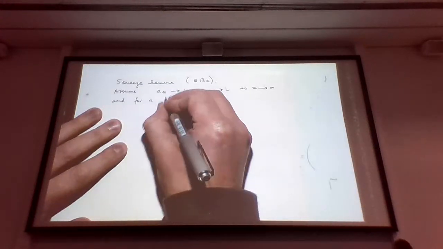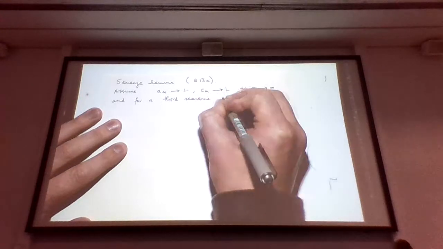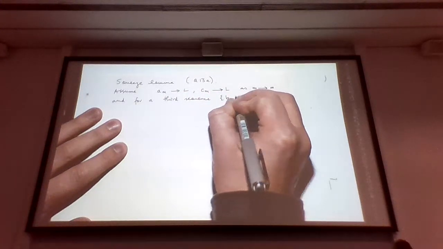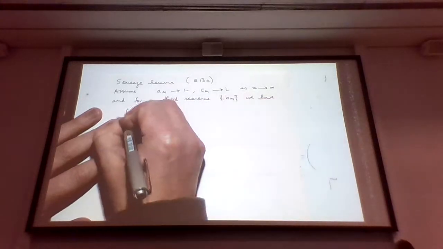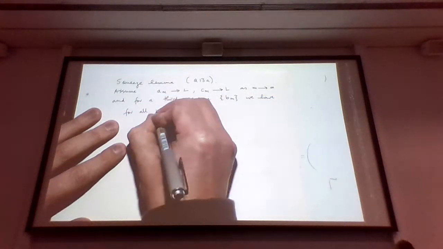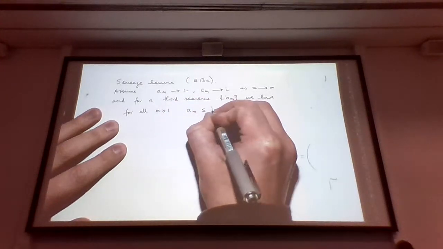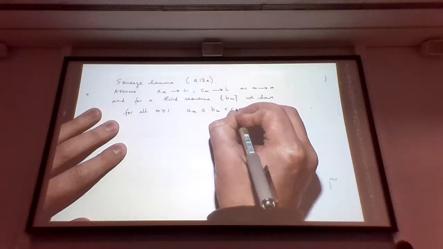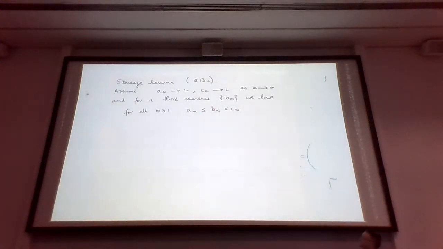And for a third sequence of terms Bn, we have for all n, An is always less than or equal to Bn, and that's always less than or equal to Cn. That's what we're assuming, and we have to try and prove that the Bn converges to L also.